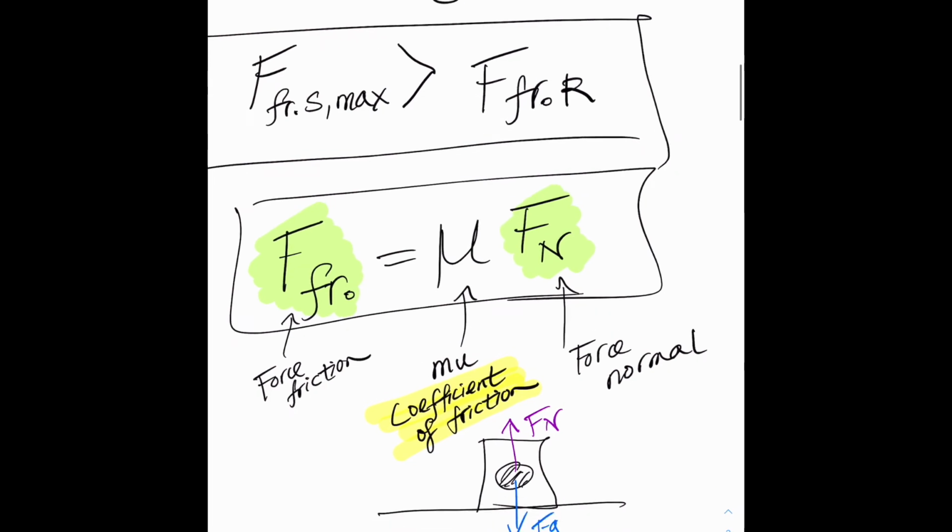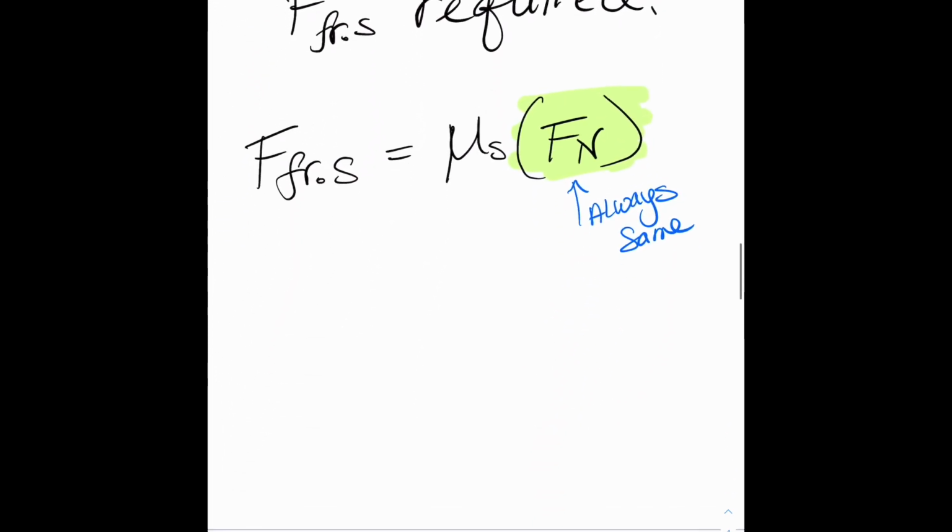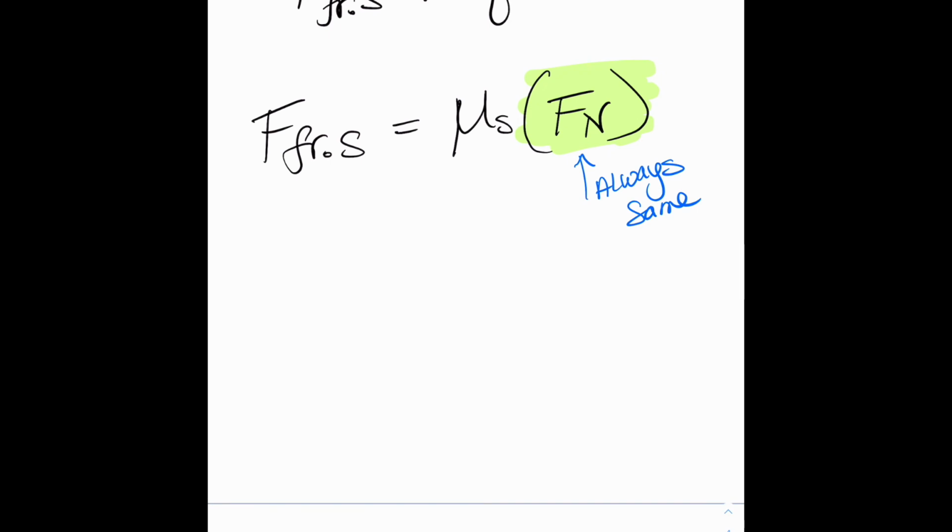So what I'm getting at here is we had different force friction statics, right? This was changing. So how could that be possible, right? If force normal is always the same, then mu static would have had to be changing.